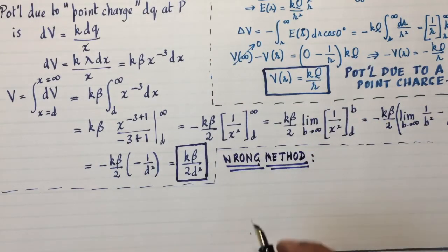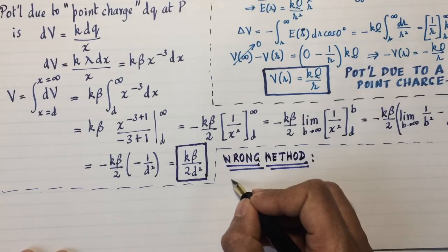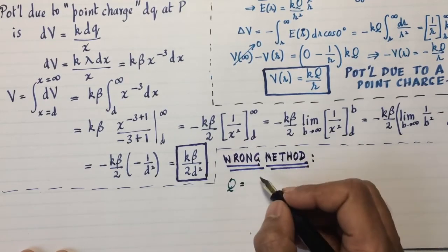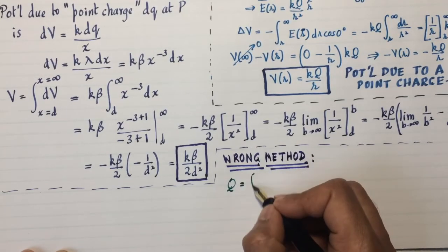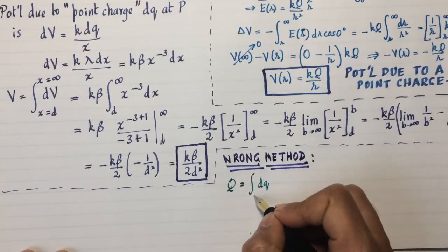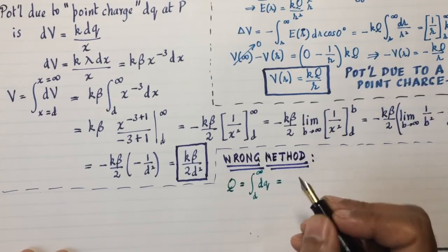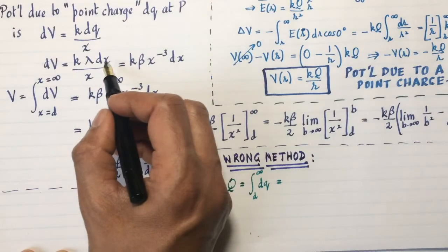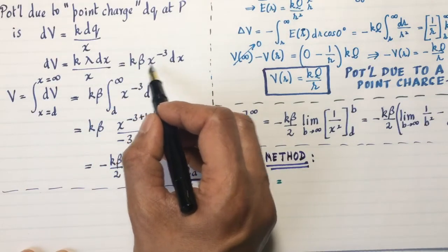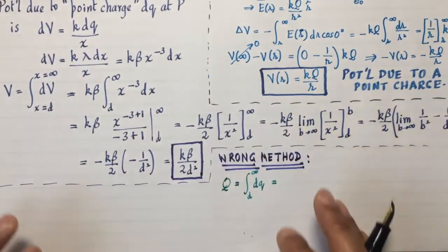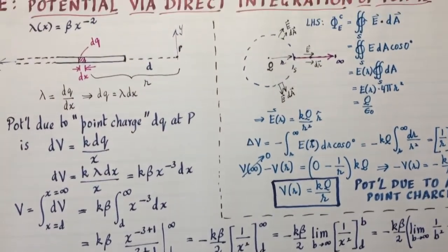Let's see why that would not work. The total charge, Q, is the integral of dq from d to infinity. Well, the integral of dq is lambda dx, which is beta x to the minus 2, because lambda has just got that.